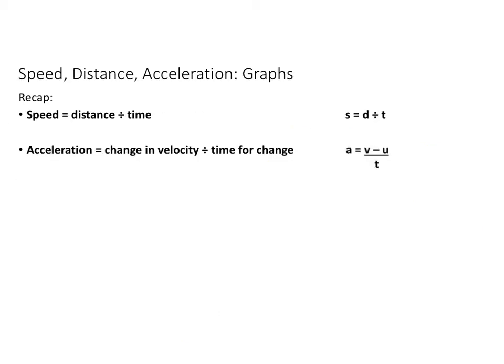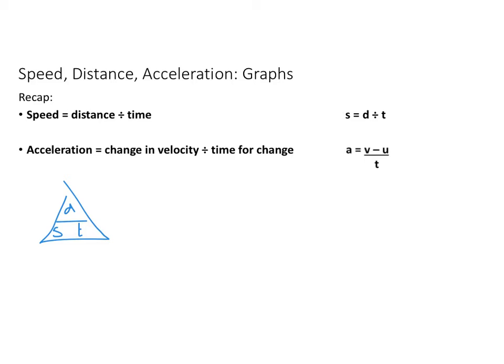Okay, so just a quick reminder, as we said, calculating speed, we've got distance divided by time. We can put that into our triangle if you wish. We're going to put distance at the top, time, and then we've got speed. We'd just cover up one of those and we'd be able to find it.